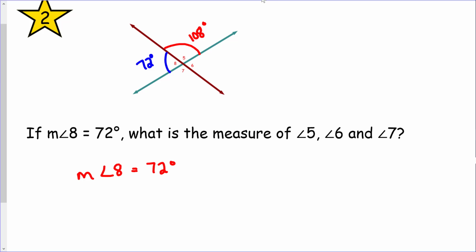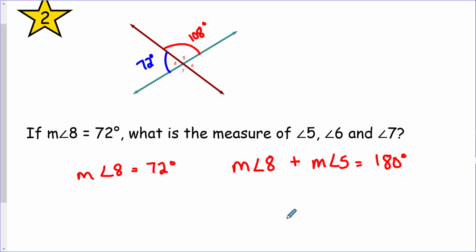Okay, so if we were given that the measure of angle 8 is 72 degrees, so looking at the diagram, angle 8 is here. Right next to it is angle 5, and together they form a straight line. They form the teal line. So I know the measure of angle 8 plus the measure of angle 5 is going to give me 180 degrees.